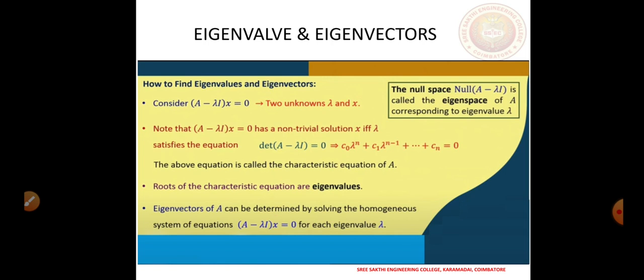All the eigenvectors plus the 0 vector, because 0 is not an eigenvector. The null space, which is also called the eigenspace, contains the eigenvectors including the 0 vector, because 0 naturally solves (A minus lambda I) x equal to 0, but 0 is not an eigenvector by definition.